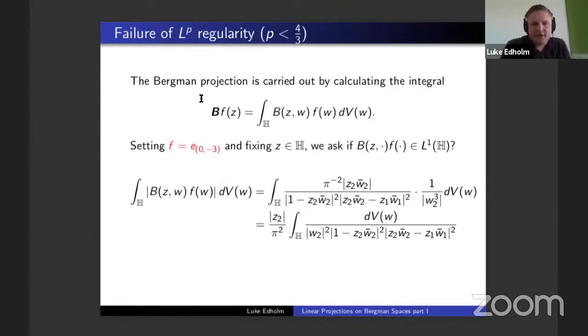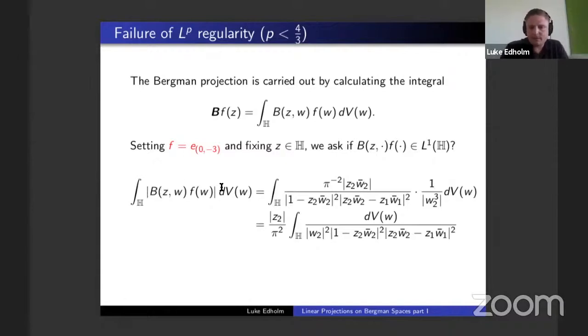The Bergman projection is carried out by calculating this integral. So by taking that function, let's temporarily fix a Z and ask ourselves, is this even L1?